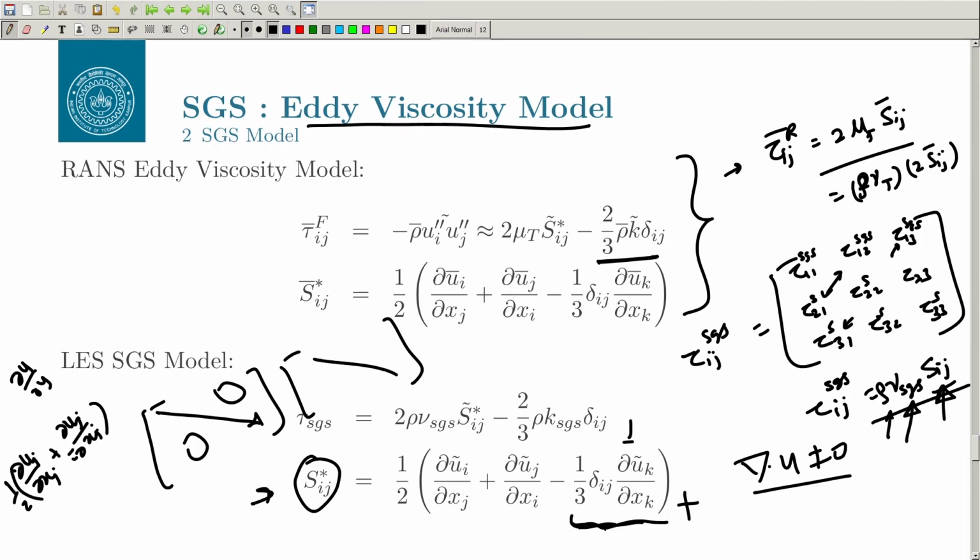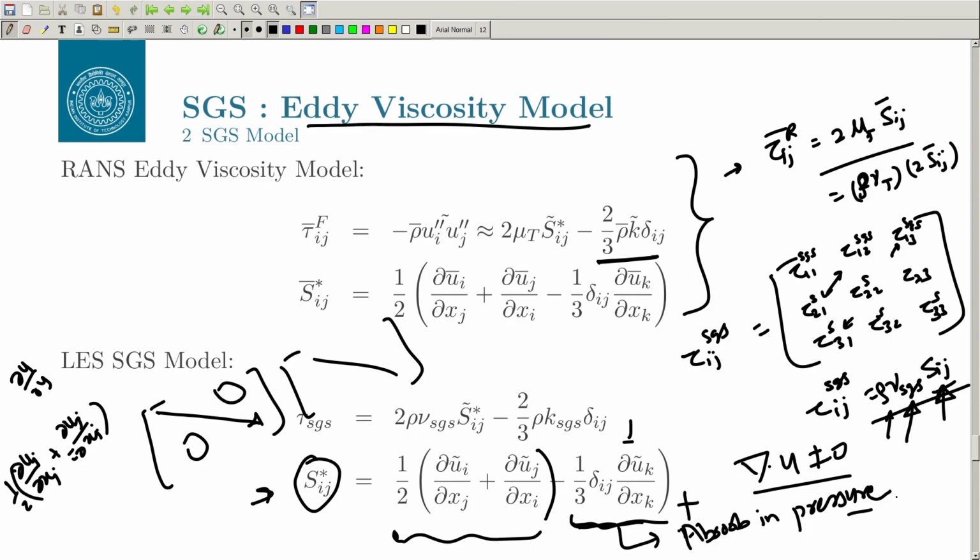So, you can absorb this term into the pressure, and then you will have a modified pressure, and you apply the SGS model only on the shear stresses. That is another way some of the eddy viscosity models are used, where they absorb this term into pressure. That is just another way of doing things.